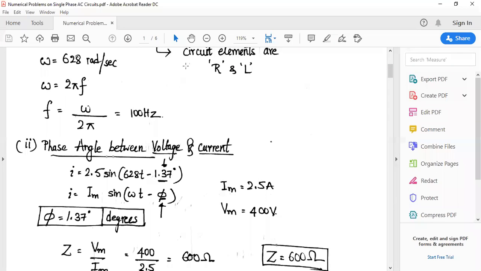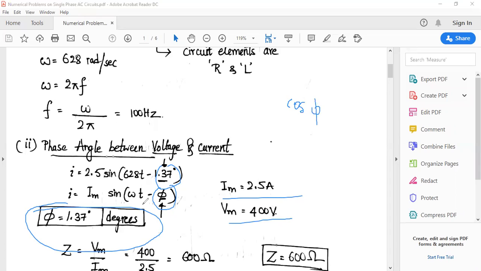So this is 1.37 degrees. Im is 2.5, Vm is 400. So phi is 1.37 degrees. So this is how we can calculate phi. And cos phi, you can directly write it as cos 1.37 degrees.